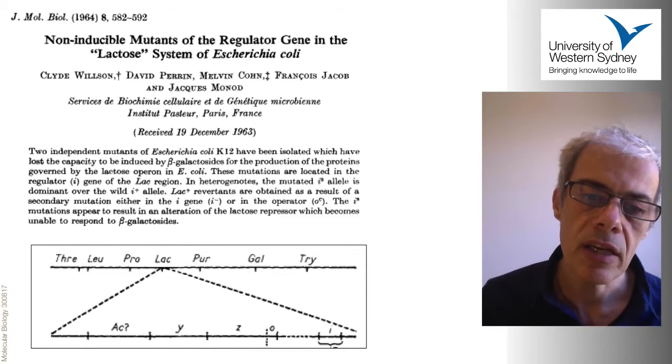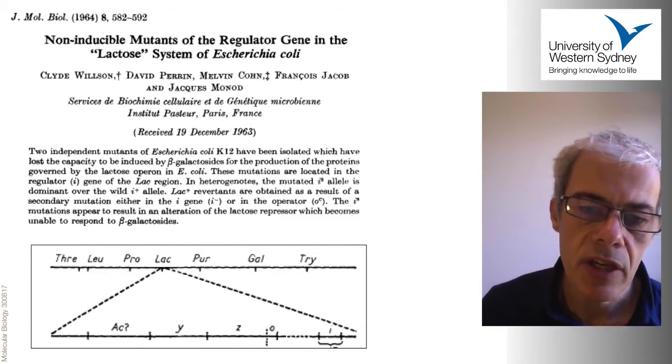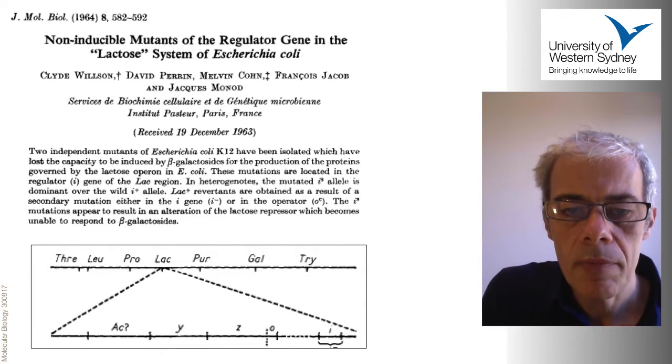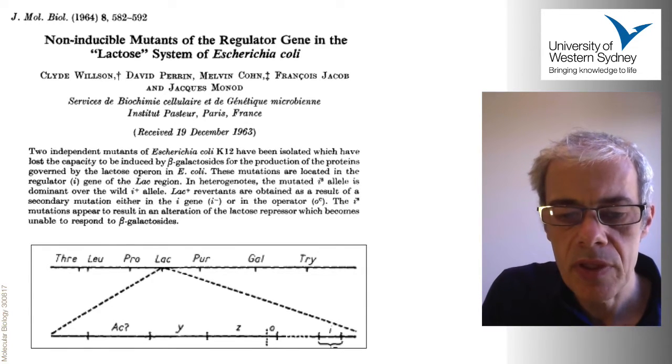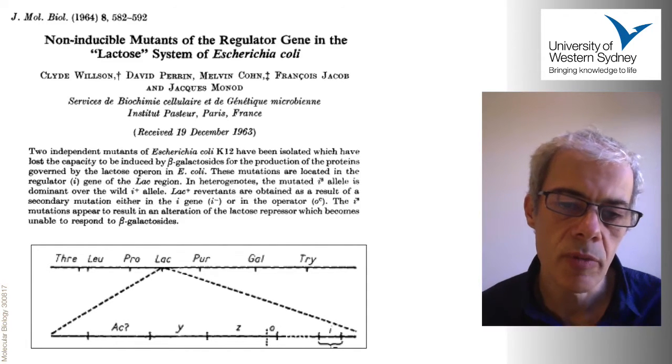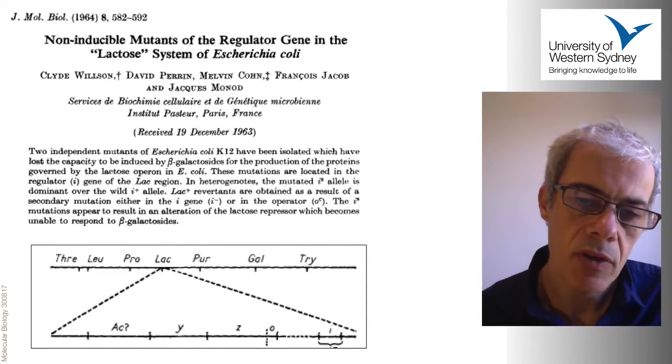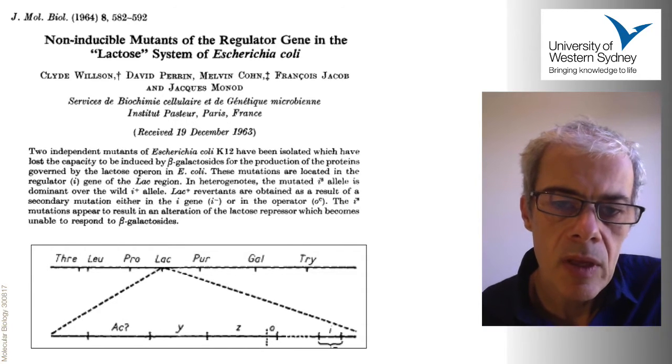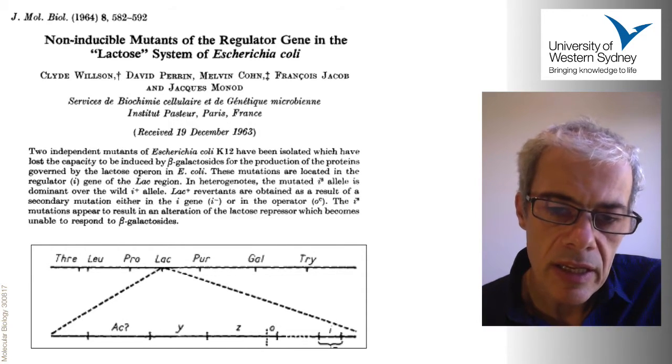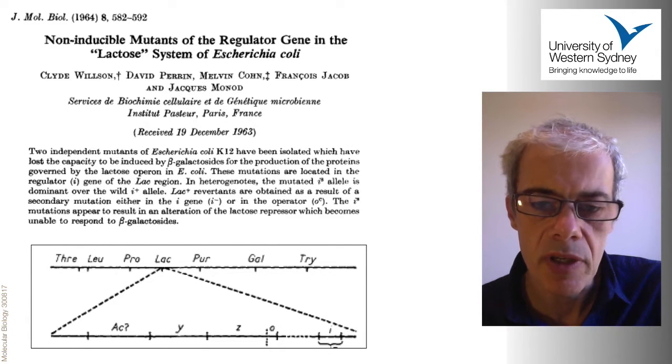So they basically performed mutational studies on E. coli, and then they selected for mutants that had different properties. Okay, now I don't want to get into too much of the detail of how this was done, but it's basic E. coli microbiology work.